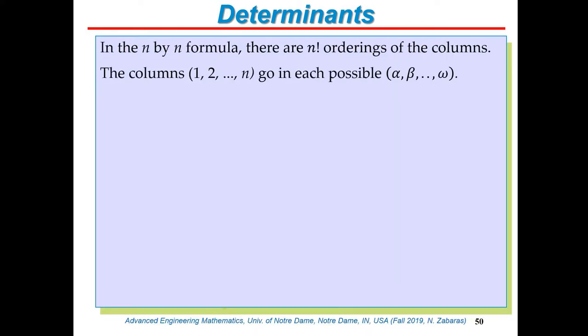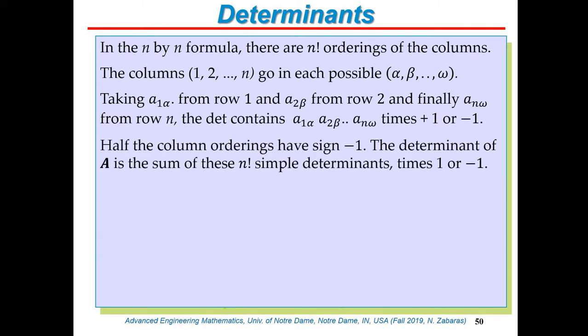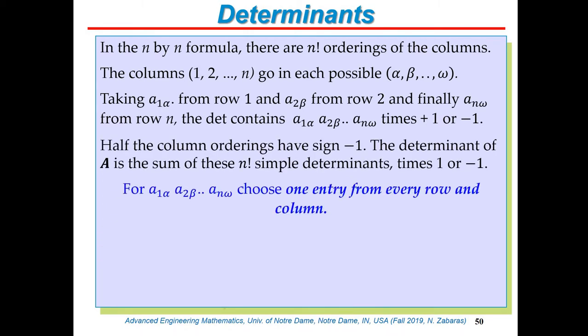All right, so let me write a very general formula now. You remember we said that from every row you pick up one column, and you keep track of which rows and columns have been taken as you move down to another row and another column. So on row 1 you pick up some column alpha, on row 2 you pick up some column beta, not alpha of course, and then on row n you pick up whatever last column is left, that I call here omega.